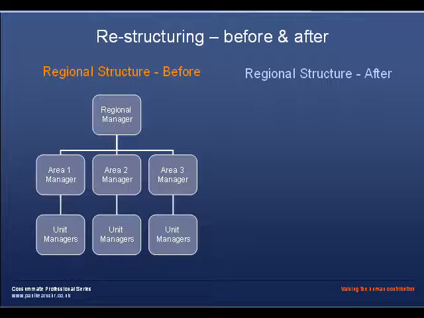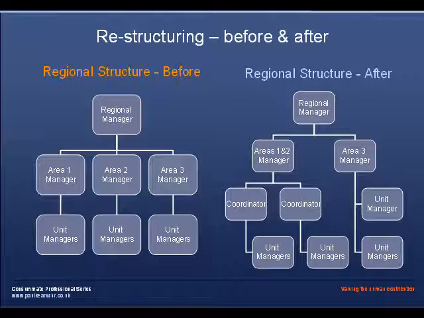Let's imagine that this is the structure that this regional manager comes up with because one of their area managers decides to go and join a competitor. And maybe because business is a little bit quiet at the moment, they decide they don't want to fill the vacancy. They come up with a different chart. So what they've done here is they've left area manager 3 as they were before, but now, because area manager 2 has left, they've made area manager 1 responsible for both areas 1 and 2.